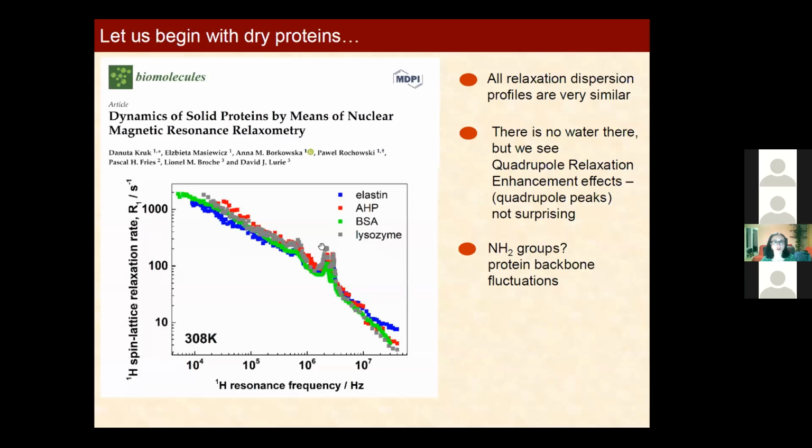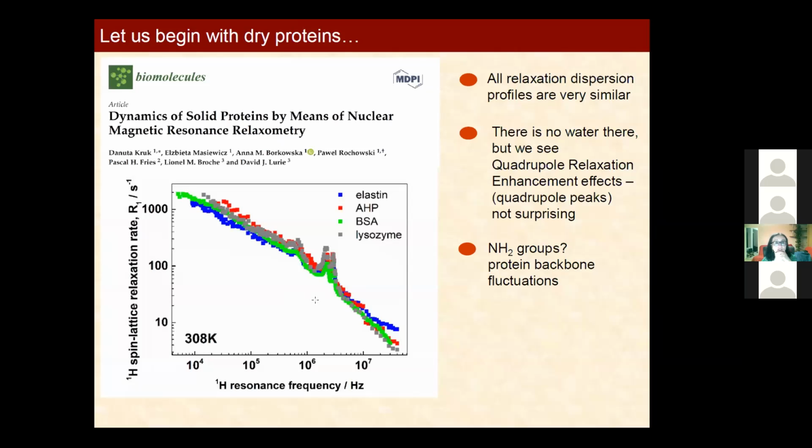And in addition, you see something which is called quadrupole relaxation enhancement, the quadrupole peaks. This is actually not surprising. However, I will say a couple of things about the quadrupole peaks in a second. Usually, for instance, when one looks at tissues or partially hydrated proteins or some biological systems, there is a concept that we know such effects are seen if the dynamics is slow.